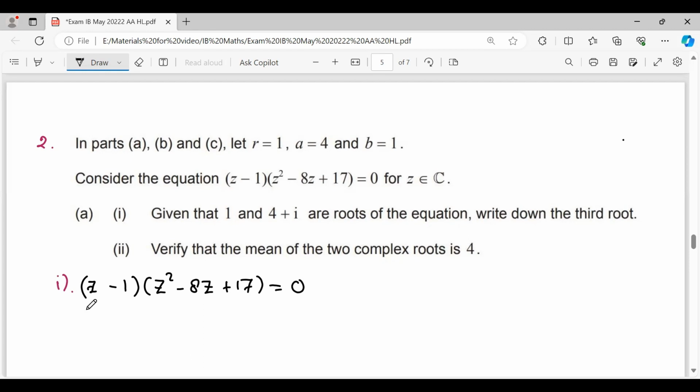We can write it like this, z minus 1, factorize becomes (z minus (4 plus i)) times (z minus 4 minus i) equals 0.